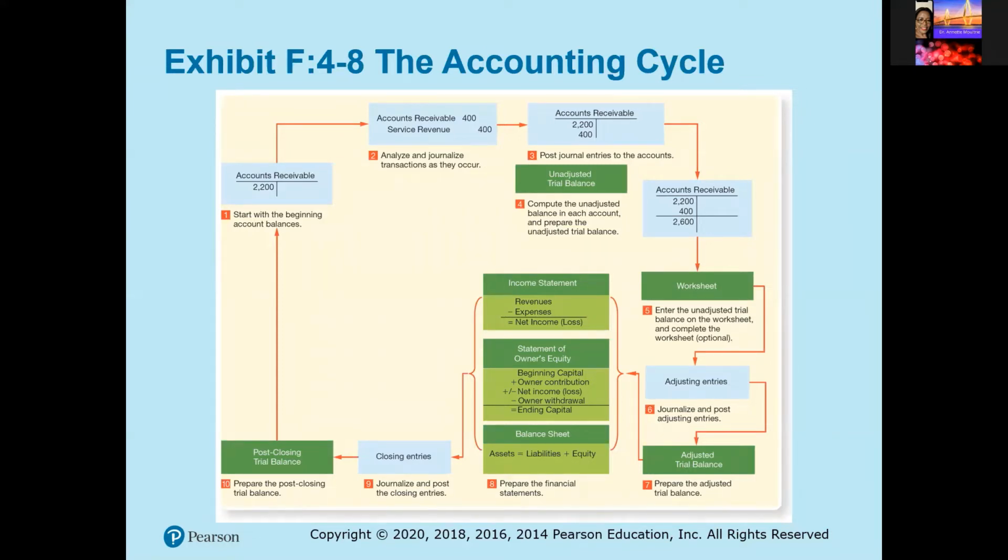One during the period, which is steps 1 through 3, where you're journalizing transactions and posting to the accounts. And then the end of the period, which is steps 4 through 10, you're adjusting the accounts, preparing the financial statements, and closing the accounts.